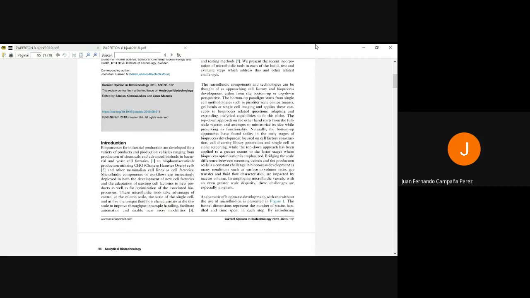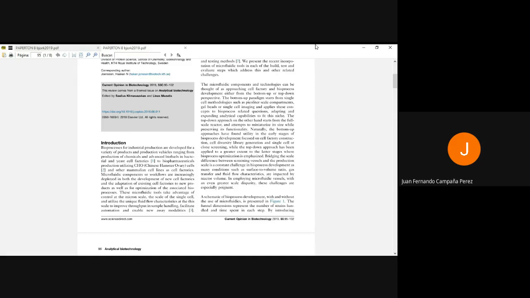This process follows four steps: design, build, test, and evaluate, as a cycle. The first step is carried out in silico and focuses on the design of libraries of cell factory variants. The microfluidic components and technologies can be thought of as approaching cell factory and bioprocess development from either the bottom up or the top down perspective.